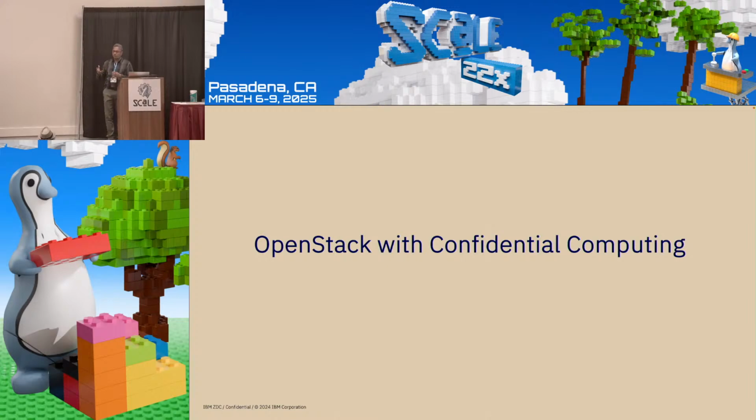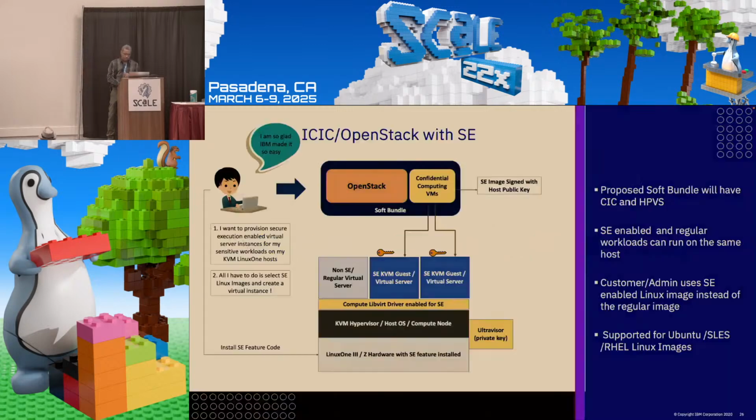That becomes the next level of problem for operators in terms of how to manage this. So for that manageability, what we can do is OpenStack. We have made some changes to the libvirt provider within OpenStack to understand and recognize the secure execution capability which is there in the hardware and leverage the same in the OpenStack UI.